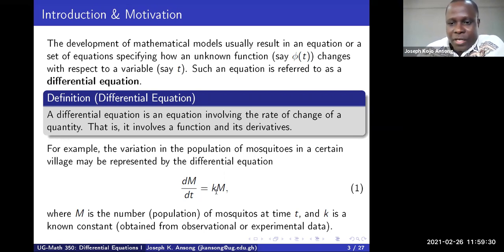K is some constant that is known either from experiments or some observations. So you know K. The point is, how do you find M and be able to predict the population of mosquitoes at a future time? That is often the idea for predictive purposes.